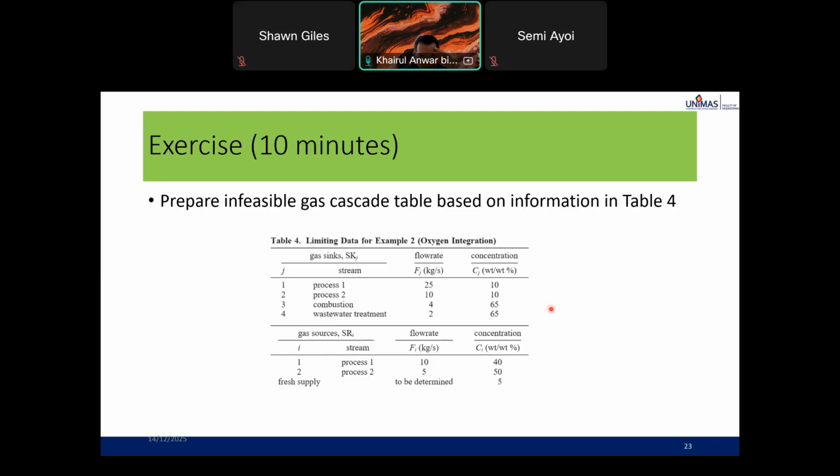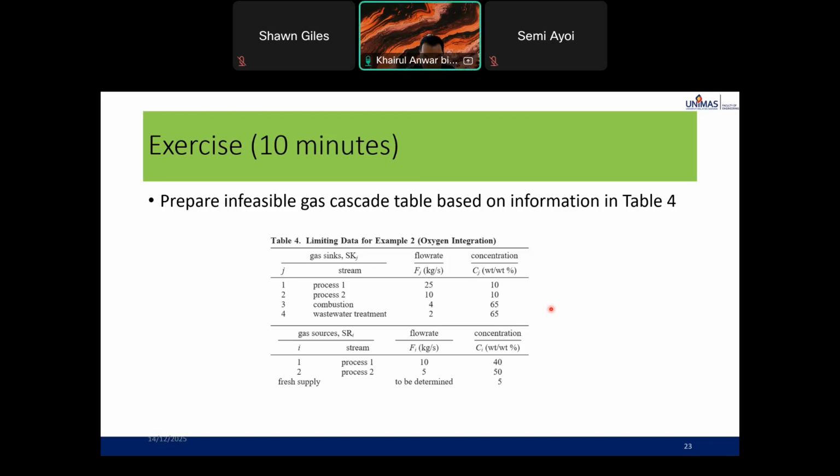Then specify the sink first. For the sink, you have only two concentrations, although there are four streams. Ultimately only two, for the 10% and the 65%, just add it up.